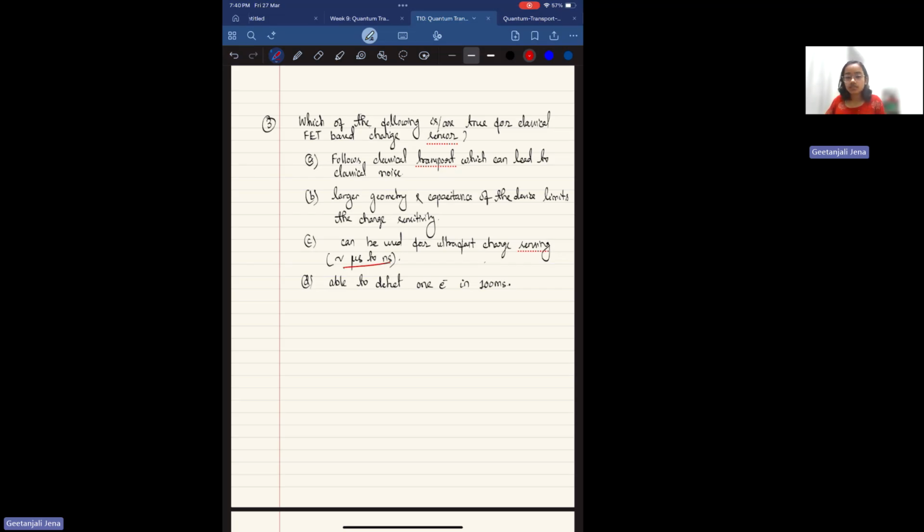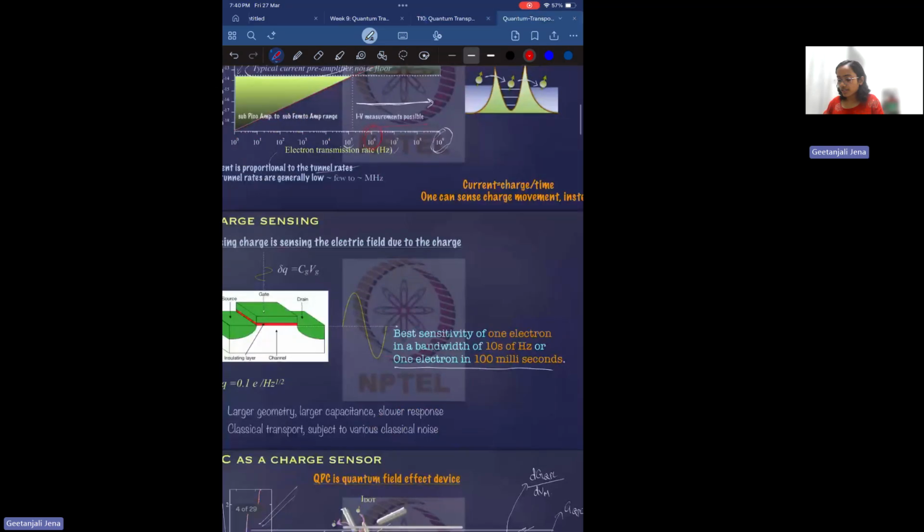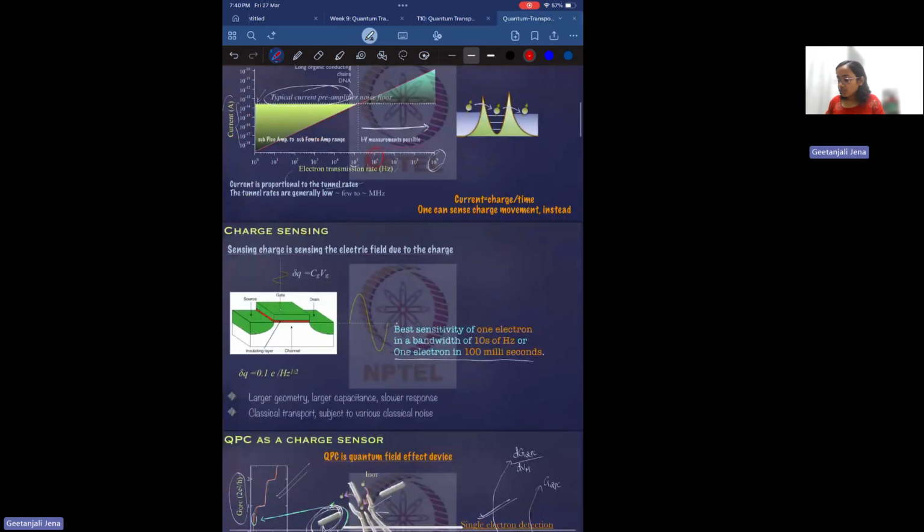Which of these following statements are true for the classical field effect based charge sensor? So this part also we have covered here. If you look at this classical charge sensor, we are able to detect one electron in 100 milliseconds.